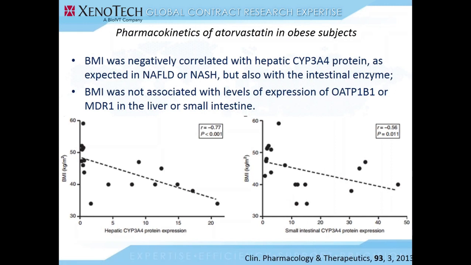BMI was negatively correlated with the hepatic 3A4, as expected in non-alcoholic fatty liver disease or NASH, but also with the intestinal enzyme, and that may be related to the hypothesis that circulating pro-inflammatory cytokines are responsible for suppression of 3A4. BMI was not associated with the levels of expression of OATP1B1 or MDR1 in the liver or in the small intestine.